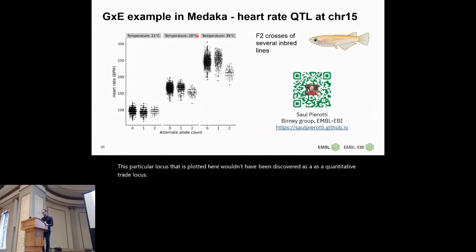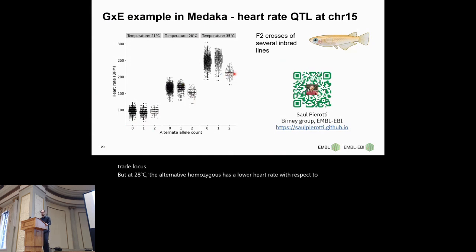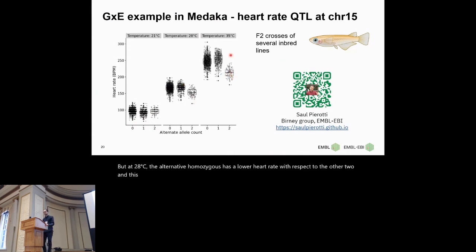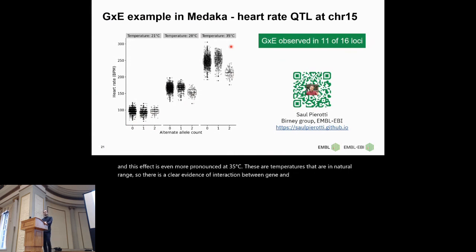But at 28 degrees Celsius, the alternative homozygous has a lower heart rate with respect to the other two, and this effect is even more pronounced at 35 degrees Celsius. These are temperatures that are in natural range. So there is clear evidence of interaction between gene and environment, and they observed some degree of these interactions in 11 out of the 16 loci that they discovered.